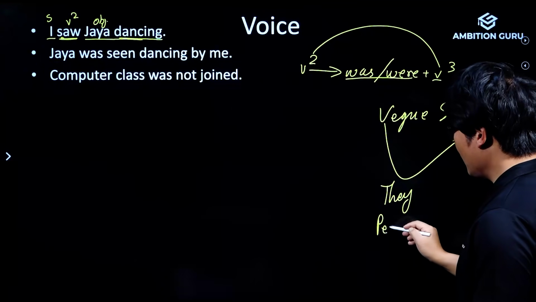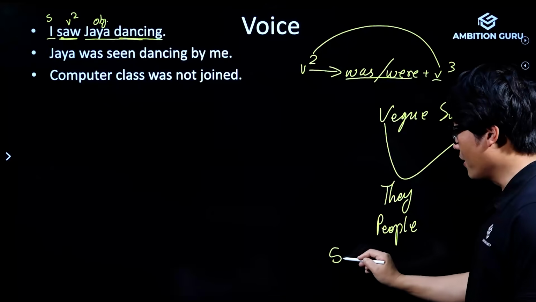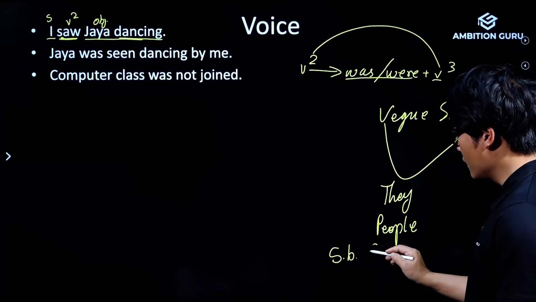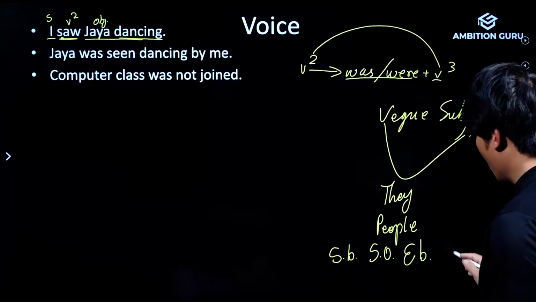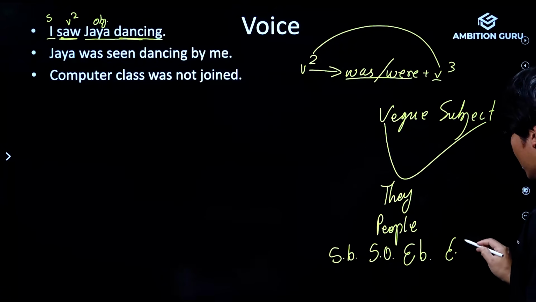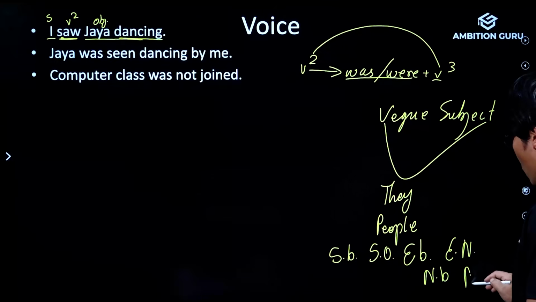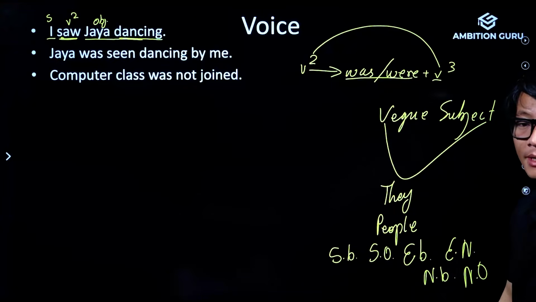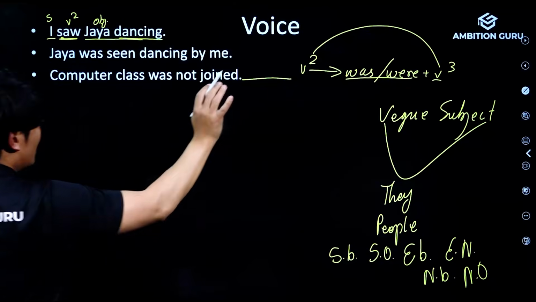It can be people. It can be somebody or someone or everybody or everyone or nobody or no one. Clear? So you can write anything here, so here it is not "by".